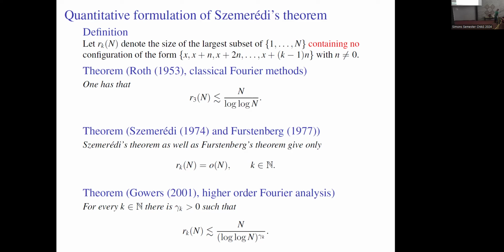But with Szemerédi and Furstenberg, what follows from Furstenberg is only that this function R_k(n) behaves like little o of n. This is because both Szemerédi and Furstenberg use the axiom of choice.